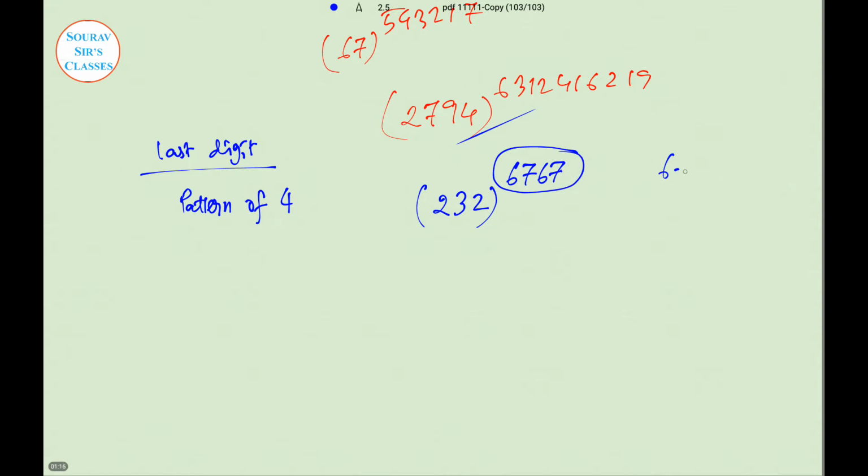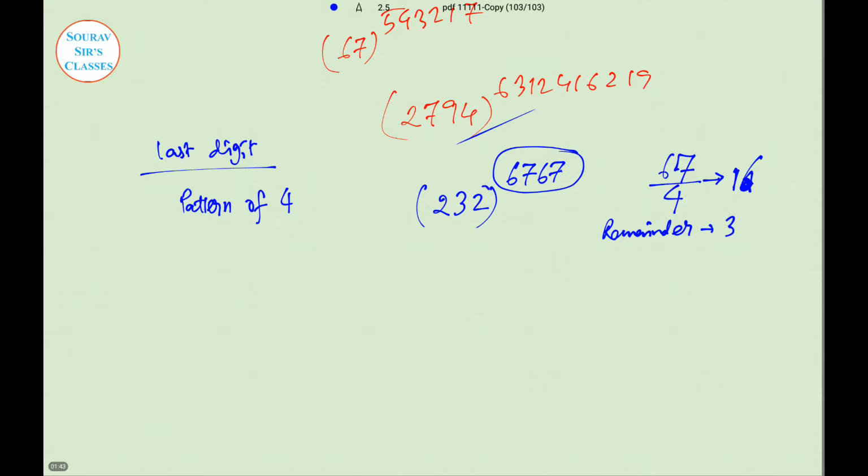Now in order to find the remainder, you don't need to divide the whole power. Just divide the last two digits by 4. What will happen? 4 ones are 4, 4 sixes are 24, so 3 is the remainder.